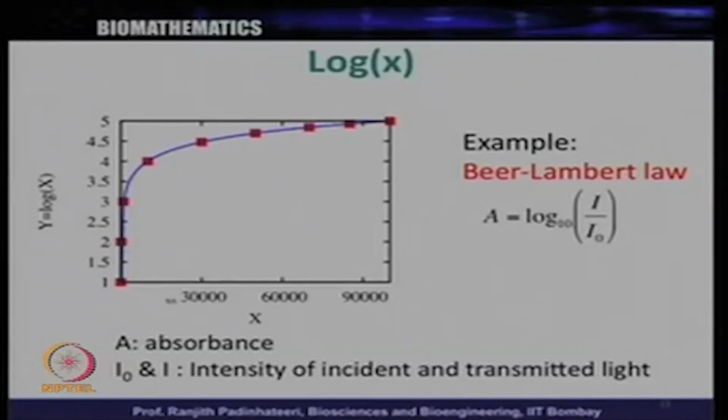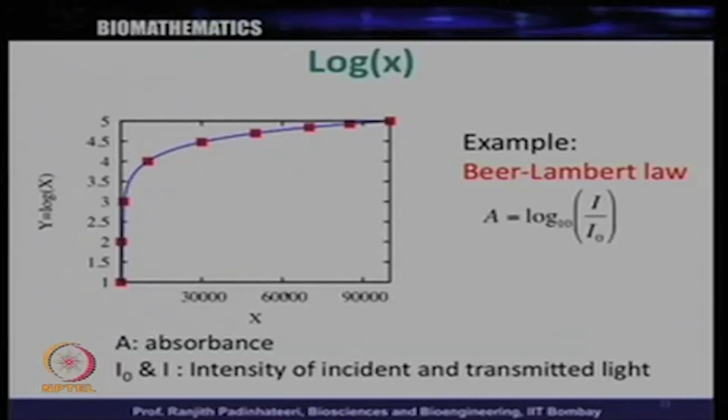One interesting thing you should note here is that if you look at the values in the x axis, it is like 1, 30,000, 60,000, 90,000. So, it is huge values, but the corresponding y value is 3, 4, 5. If you calculate the log of huge values, you get a small value, which is true.